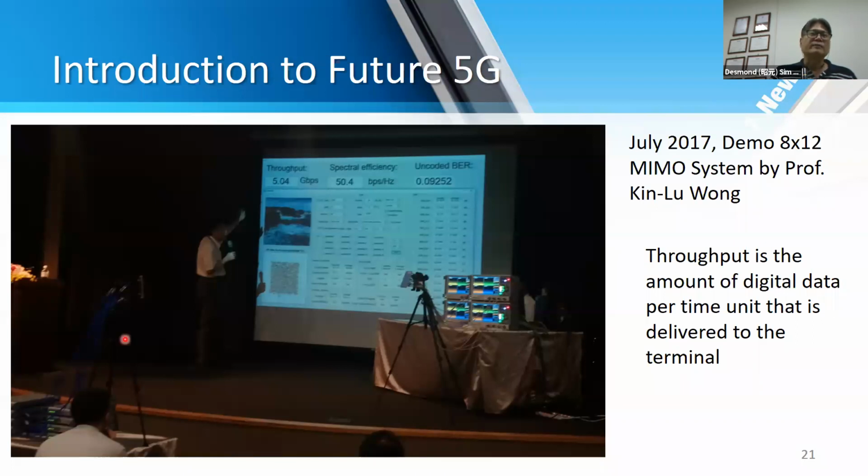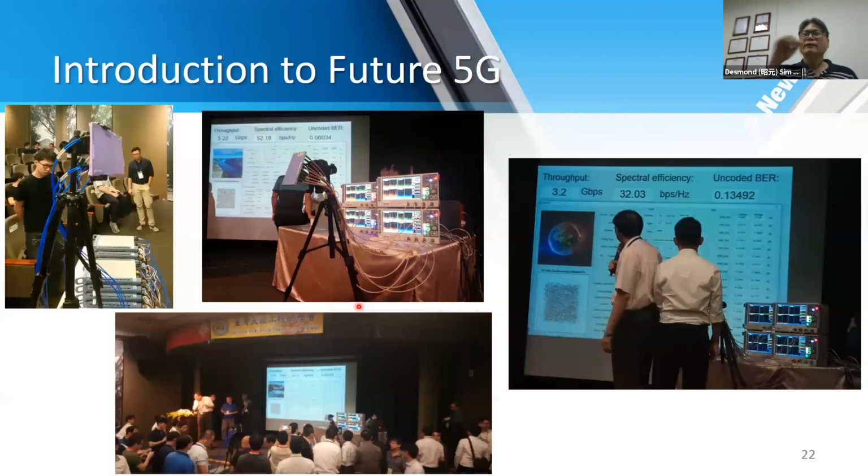And here is a prototype base station. And on this stage, it's showing us that indeed we can do that. And here are also some pictures from the conference that we joined.